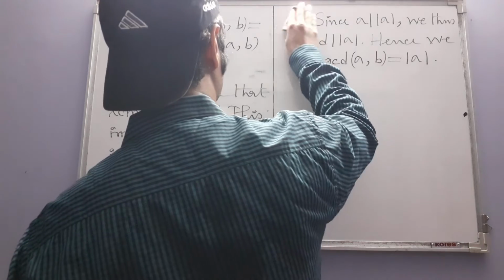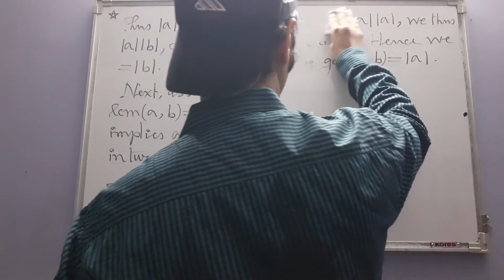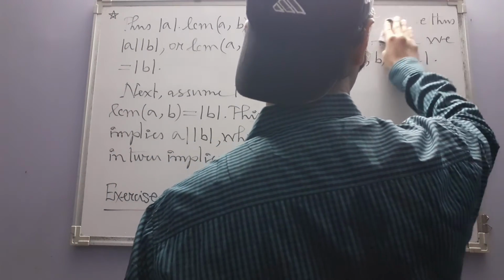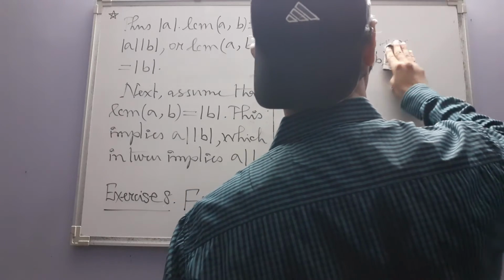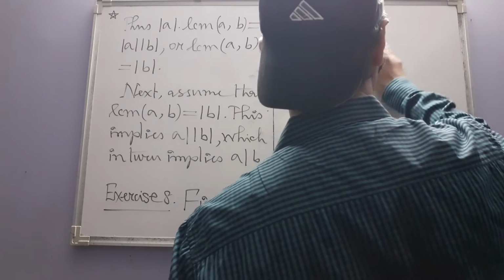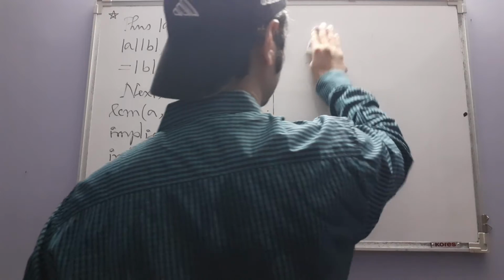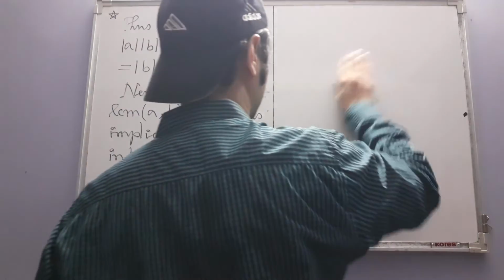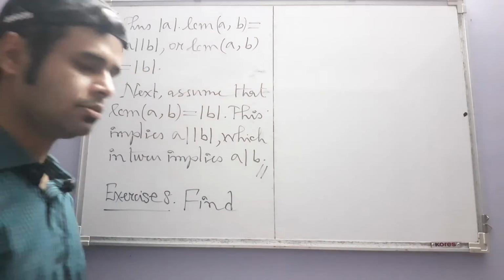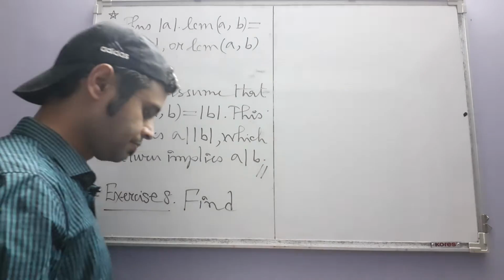LCMs of numbers of which we have already been asked to calculate the GCD in the first exercise of this section. So we are going to use that and our theorem 2.8 to calculate the LCMs.